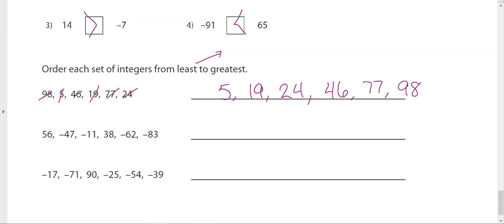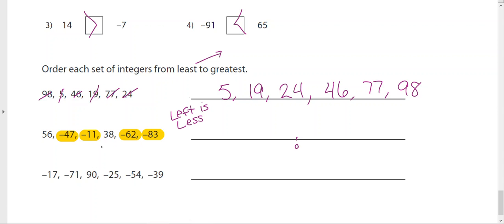The next one gets a little bit trickier because I do have some integers. I'm going to highlight those first because negative integers are always going to be less than positive integers. And remember, the further left they are, the less they are. So left is less. So you can think of this number line as having a 0 in the middle.